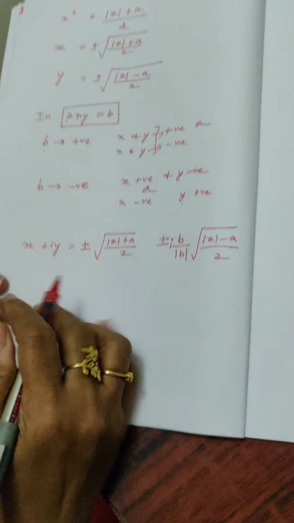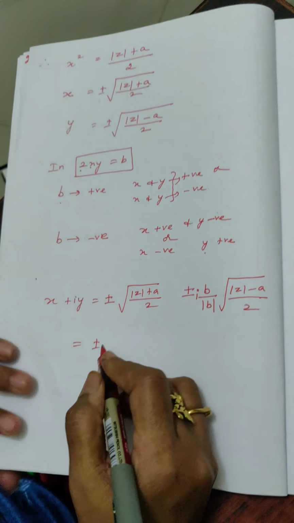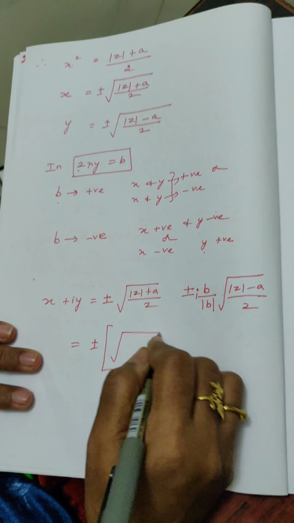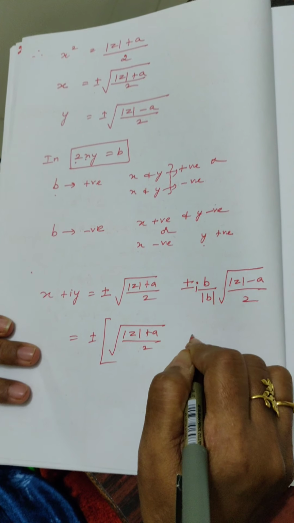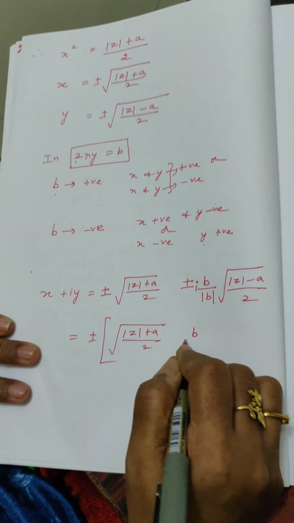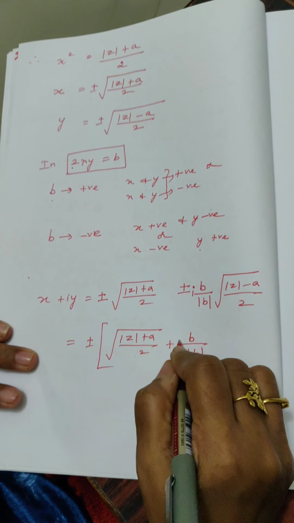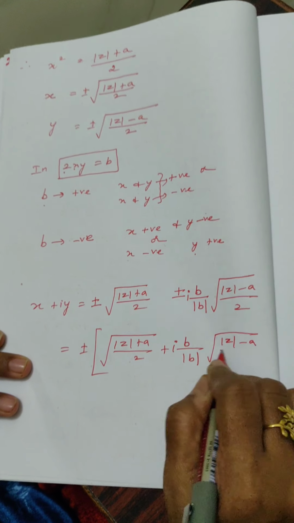Is it clear now? So I am writing this simply as plus or minus, taking common, square root of modulus of z plus a by 2, plus i times b by modulus of b times square root of modulus of z minus a by 2.